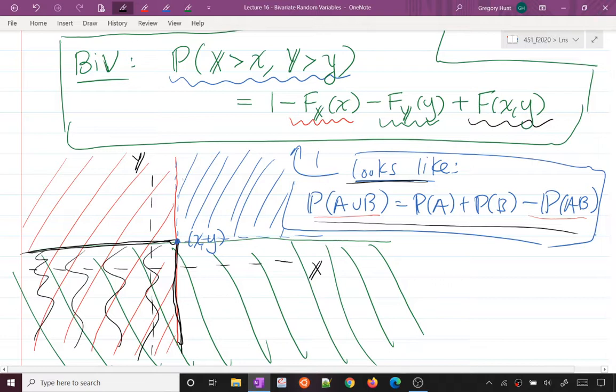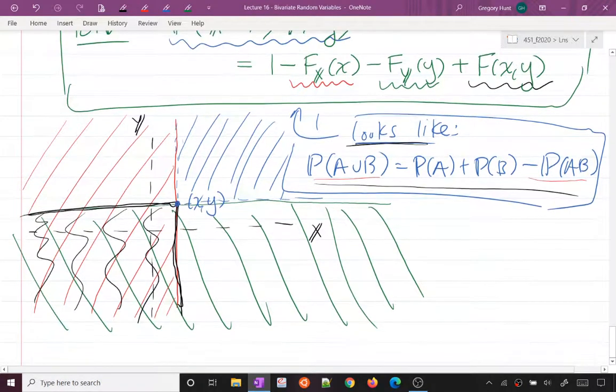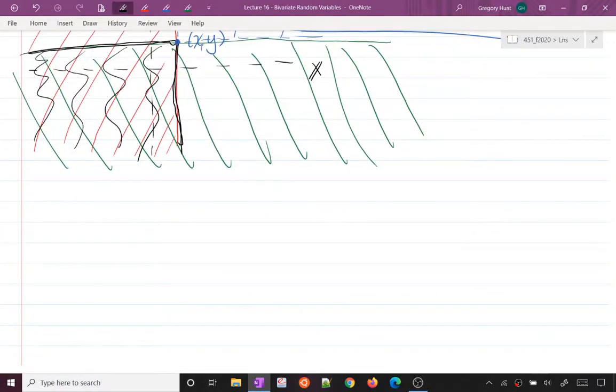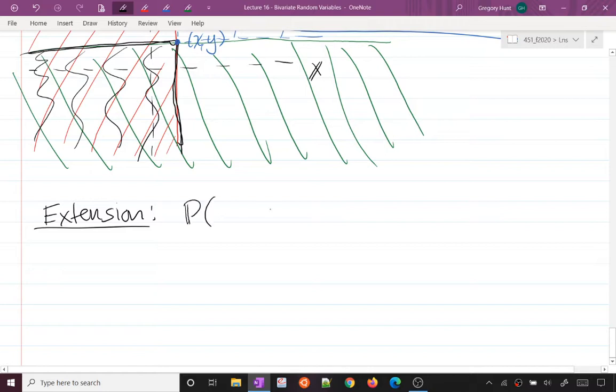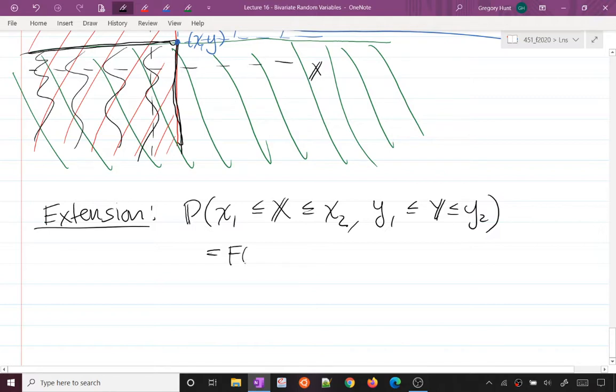So, some nice simple theorems. There are ways of extending this. For example, maybe we could write a quick extension. If I wanted to calculate the probability that X is between some little x1 and little x2 and Y is between some little y1 and little y2, you could imagine extending this. It's an ugly formula, but you could make a similar picture proof to prove it.